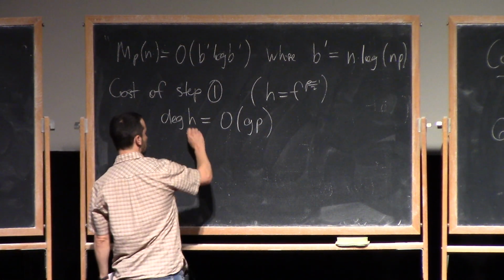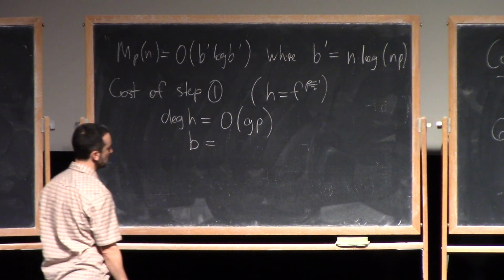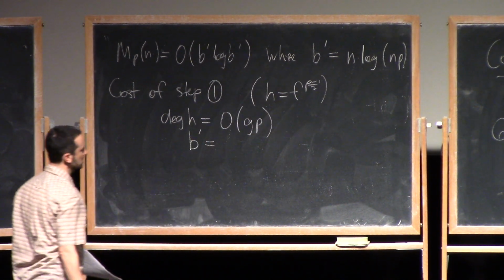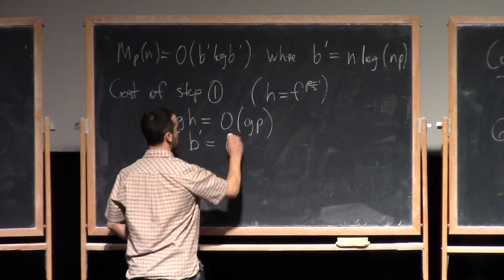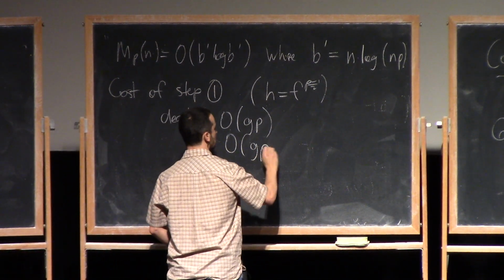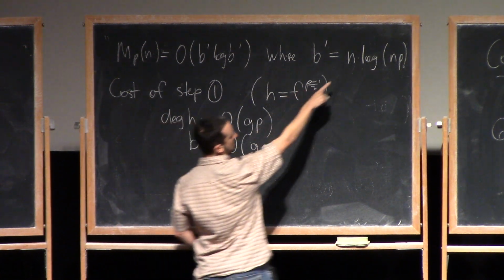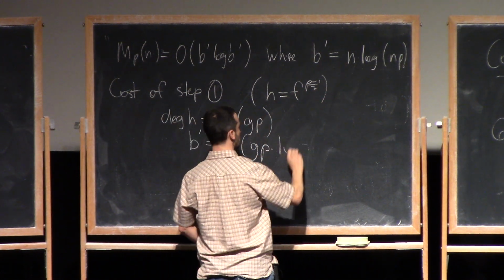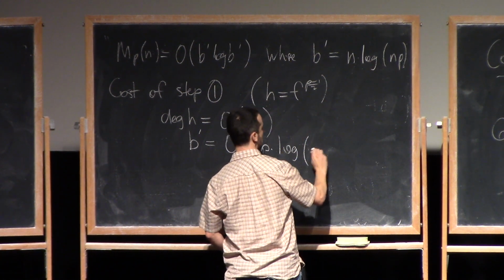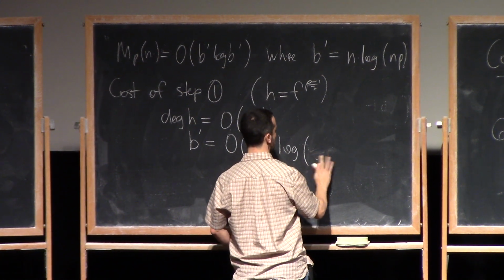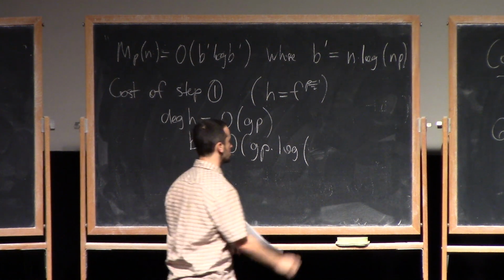And so I can work out my b prime, my modified bit size, which is going to be O of gp times log of n, that's n is gp, times log of gp squared.